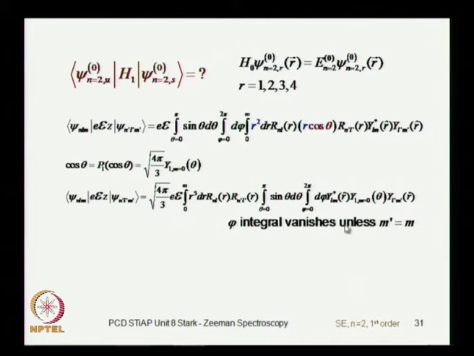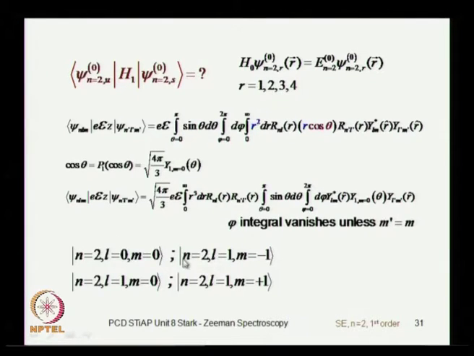Toward the end of the previous class we discovered that this integral will vanish unless m prime is equal to m. So, the only case that we have to consider is that in which m prime is equal to m. Now, if you look at the 4 solutions, the 4 degenerate functions are these: the first, 1, 2, 3 and 4. Now, out of these 4, which states can give you this possibility that m prime is equal to m?